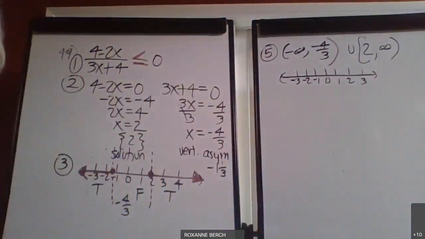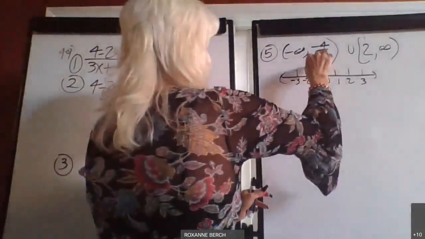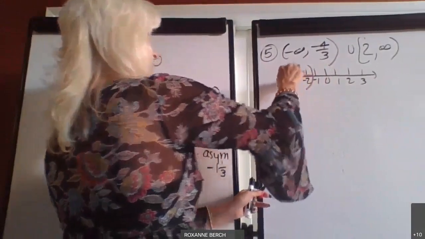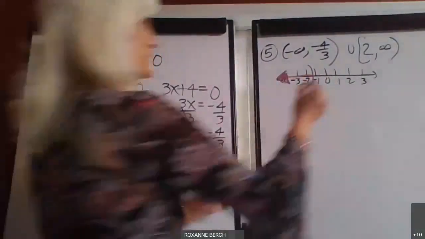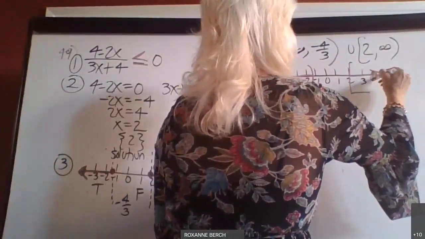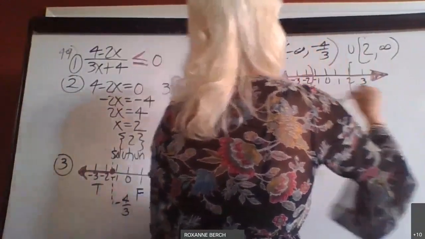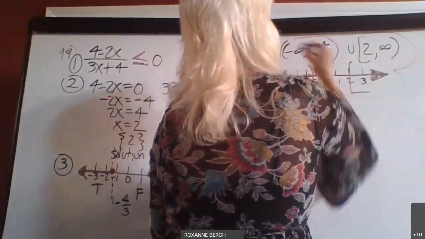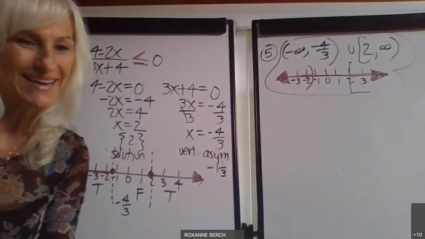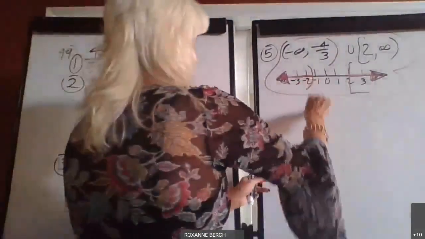Shouldn't this be open on negative 4/3 and closed on 2? So a little trick. You want to watch out for that, right?